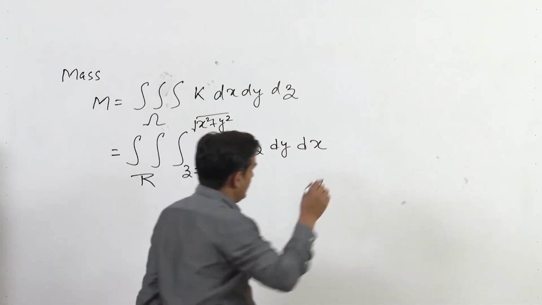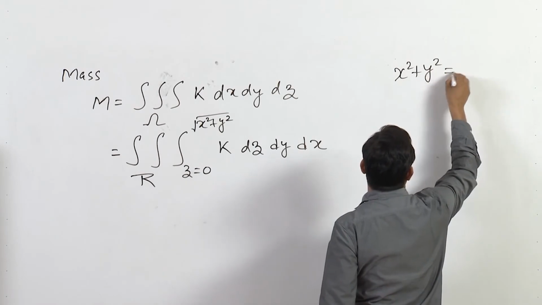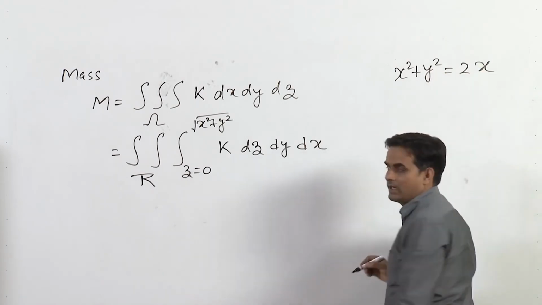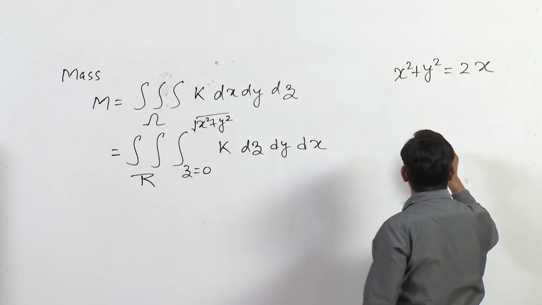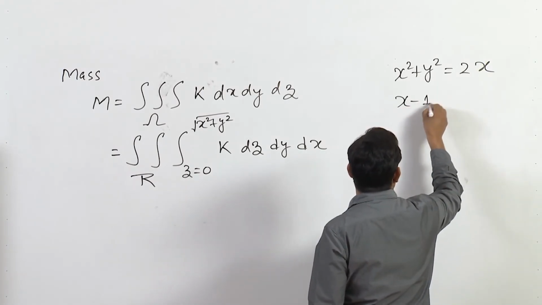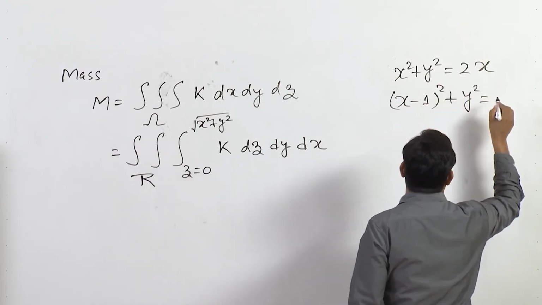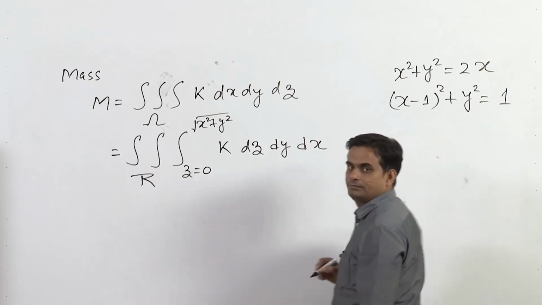Now, the region is given as x square plus y square equals 2x. So, it means (x minus 1) whole square plus y square equals 1.